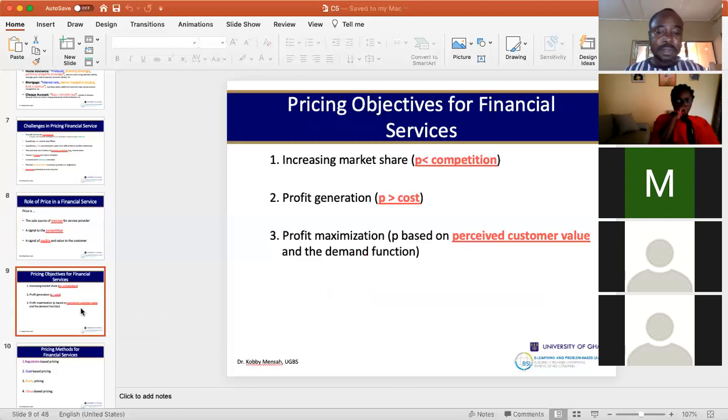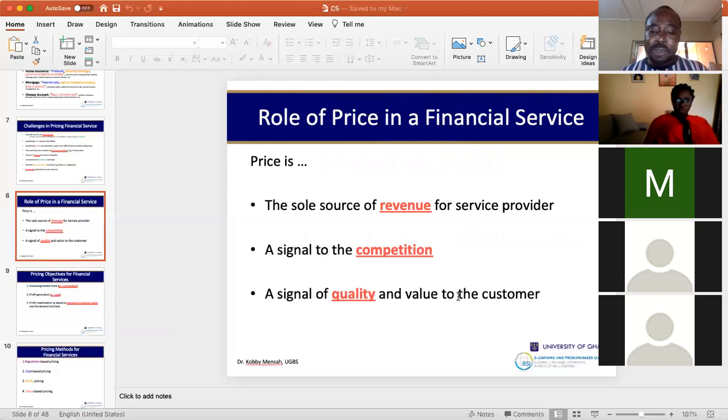That's okay. Thank you. So just as Bridget said, sometimes we price, and that's one of the roles of pricing, not for revenue, not for competition, not because of quality, but because of relationship. That is why sometimes you see loyalty schemes. Some companies or providers will run a loyalty scheme.